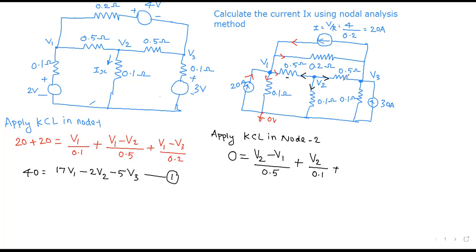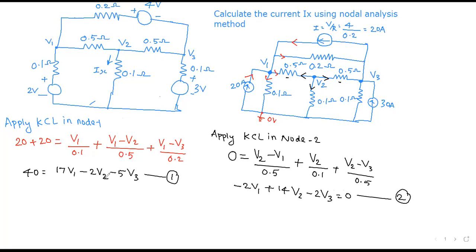Similarly, for the 0.5 ohm resistor connected between nodes 2 and 3, V2 minus V3 divided by 0.5. Now take the LCM and everything. Your final equation will be minus 2 V1 plus 14 V2 minus 2 V3 equals 0. This is equation number 2.